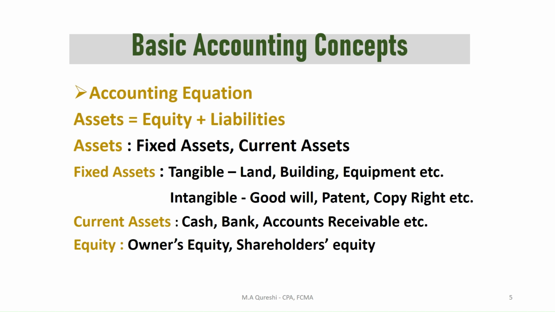What are assets? Assets are divided into two types, fixed assets and current assets. What are fixed assets? Fixed assets are tangible, they can be touched or you can see them physically available. Like land, building, equipment, computers, furniture and many things. What are intangibles? These are untouchable.